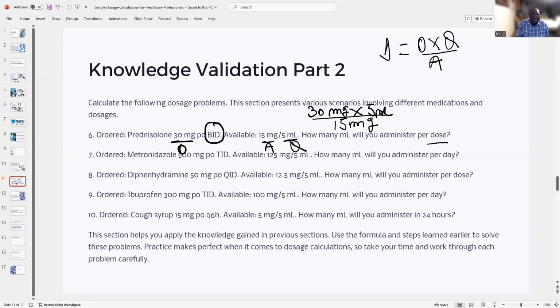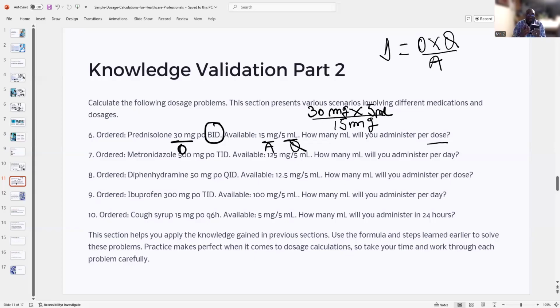Your order, the doctor prescribed prednisolone 30 milligram, that is your order. We already learned your quantity is expressed by milliliter for any liquid form of medication. For any solid form of medication, quantity is 1. And then your available is 15 milligram. Available and the quantity go together.